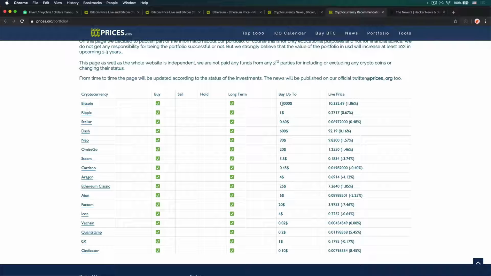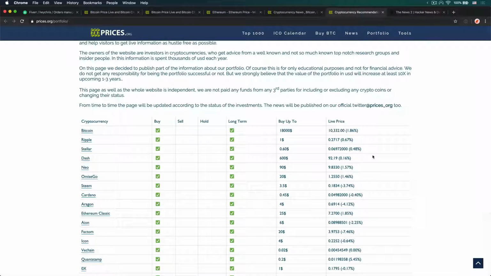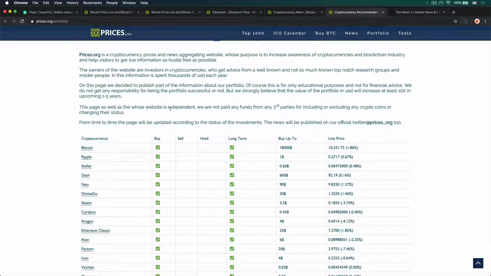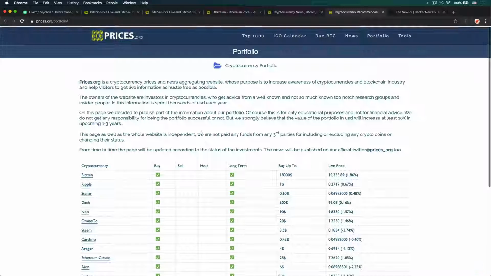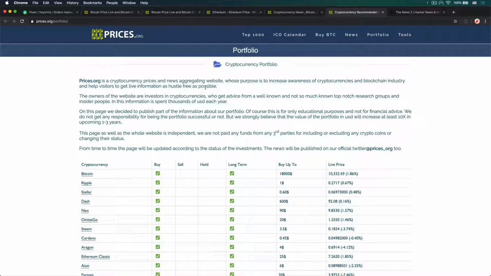You would buy up to a certain point, or up to $1 and so on. And you have the live prices provided from your website here. Okay, I think this is interesting. It's something that someone definitely has to read through to understand.